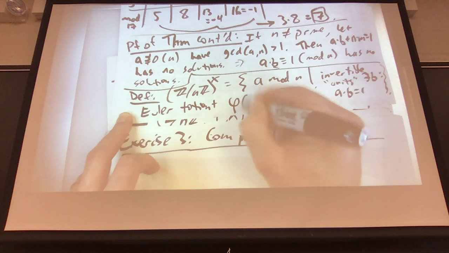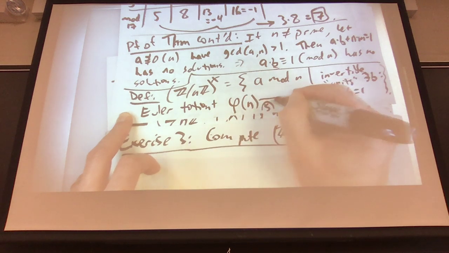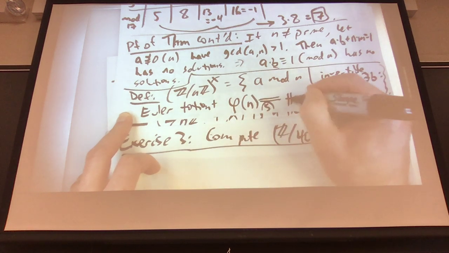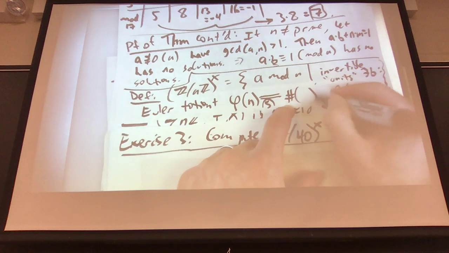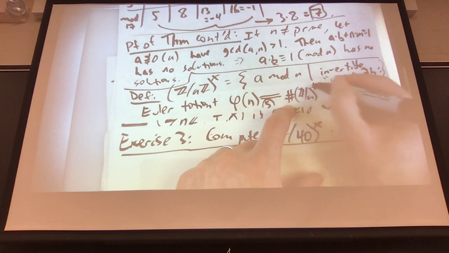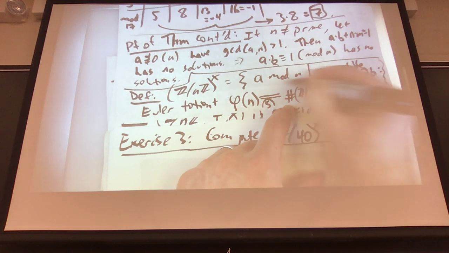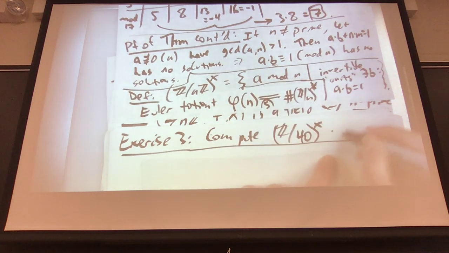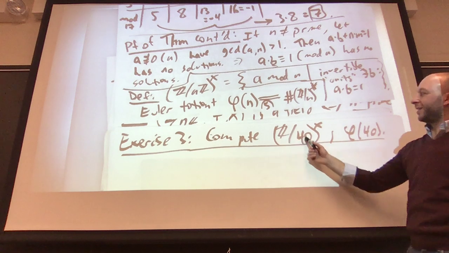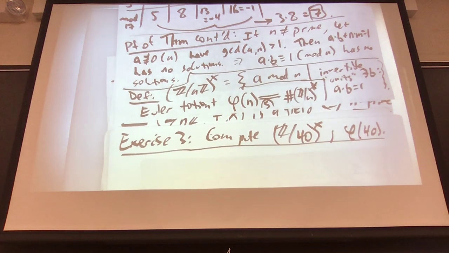Phi of n is the number of elements in Z mod n cross. Phi of 40 is how many numbers are there in Z mod 40 that are invertible?